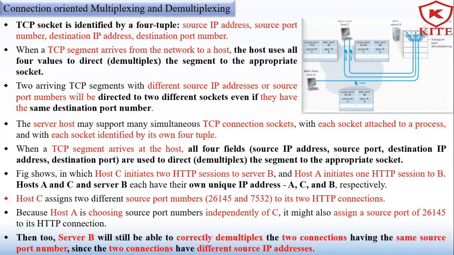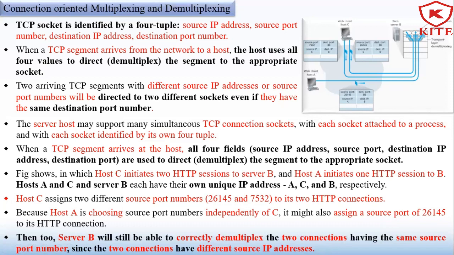Host C assigns two different source port numbers, 26,144 and 7,532, to its two HTTP session connections. Because host A selects its source port number independently of C, it might also assign a source port number in this range for its HTTP connection.